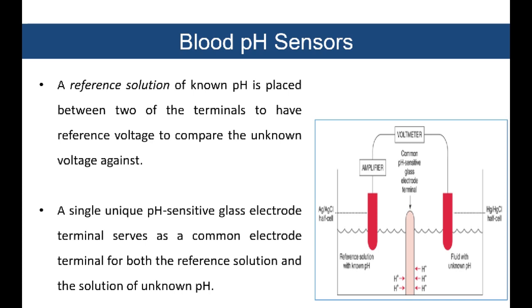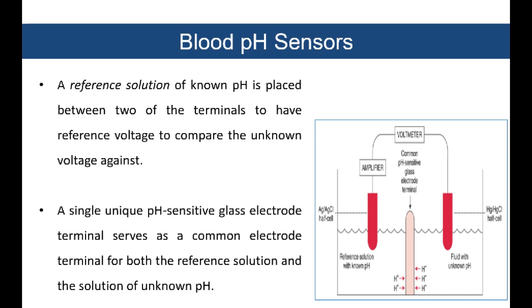As per the change of the voltage, the addition of the H plus ions and the attraction of the H plus ions to the glass electrode terminal, there will be a change in the voltmeter readings, and that change in the voltmeter reading will be amplified and further measured to get the pH data.